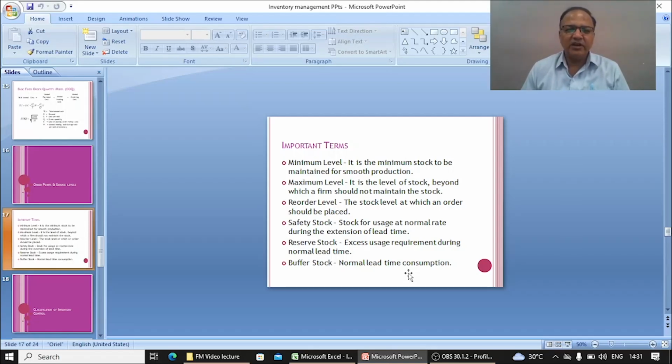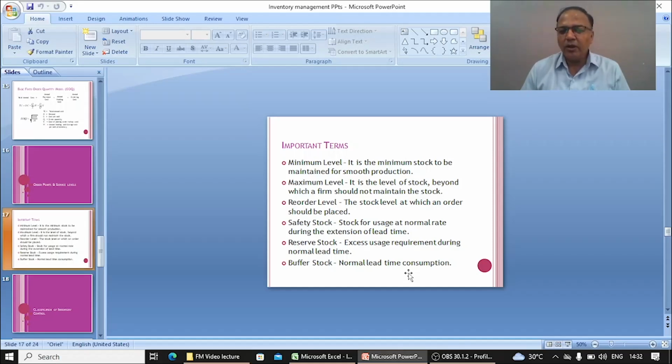Maximum level is the level of inventory beyond which a firm should not maintain the stock. That's a maximum level, because if you are having stock more than this level, then normally you don't have the capacity to store the goods. Sometimes you have to take a new godown, or you can say additional godown on rental basis.